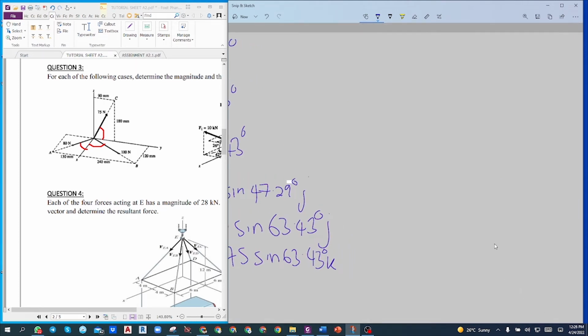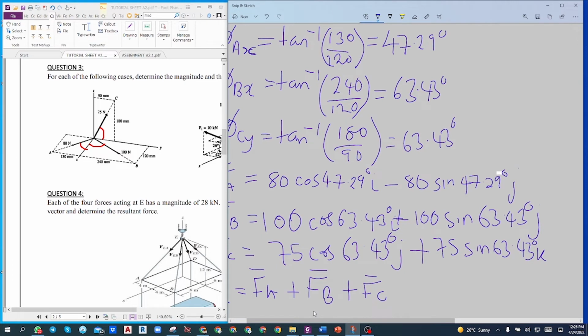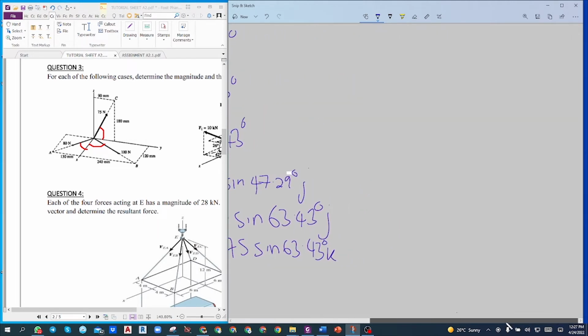I'm not going to resolve cos whatever times 80 is this, cos whatever times this is this. For FRX, I'll just have to add this i and the i for FB. They are just two i's. FC does not have the i.